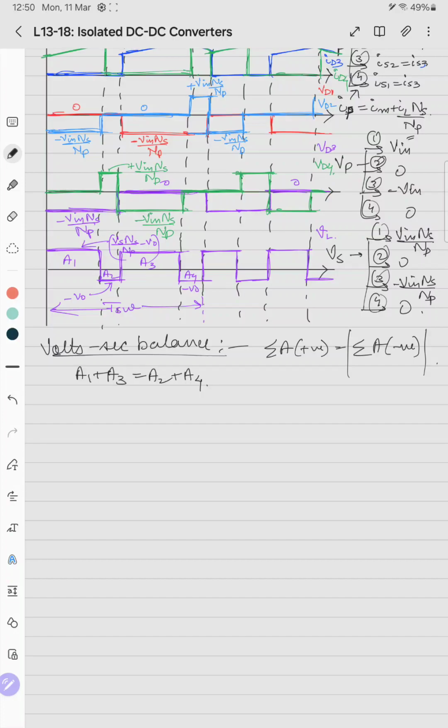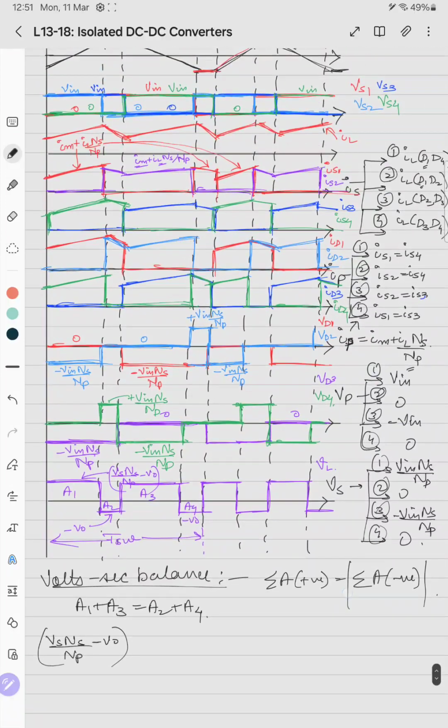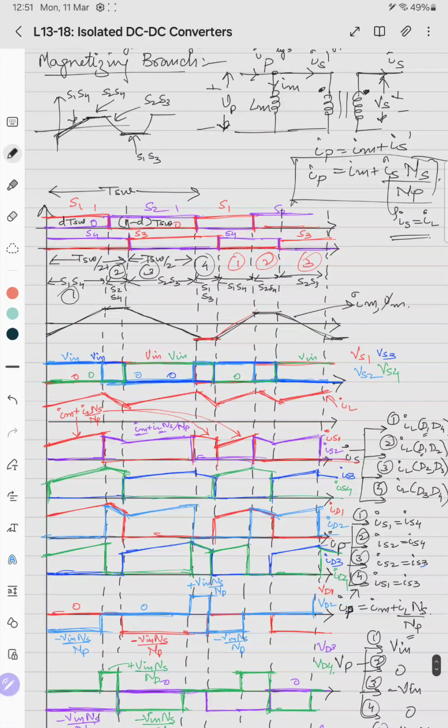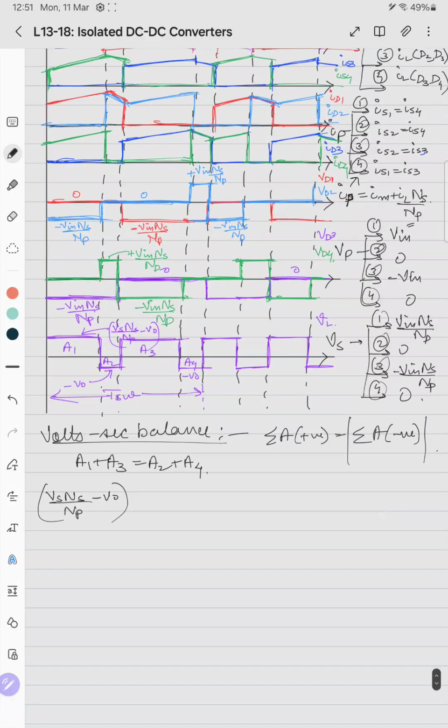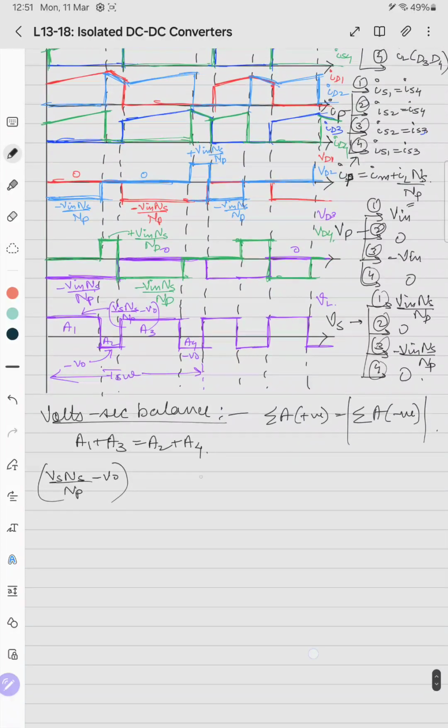So what we do is, A1 is what? Vs into Ns by Np minus V naught, or this is T switching by 2. So instead of doing the volt-second balance, or we'll do the volt-second balance, the volt-second balance is done for the half time period.